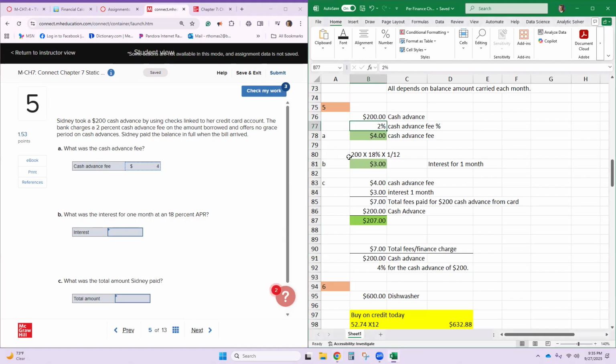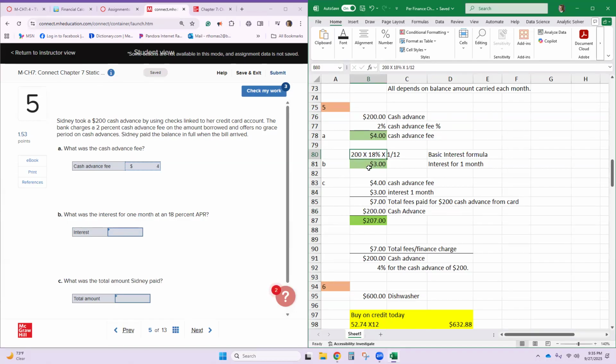So then if you take 200 times 18%, what was the interest for one month at an 18% APR? So we take the borrowed amount times 18% times 1 over 12. This is your basic interest formula.